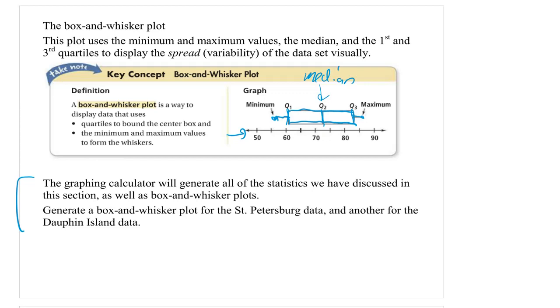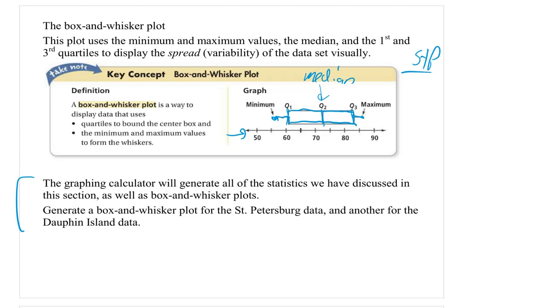Okay, so let's look back at the data for St. Petersburg and again for Dauphin. They're all on the previous page. So let's see if we can just copy them over to this page so that we don't have to keep going back and forth. All right, so first of all, St. Petersburg. There are some statistics that we calculated that we don't really need here.